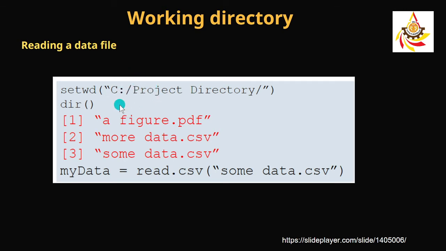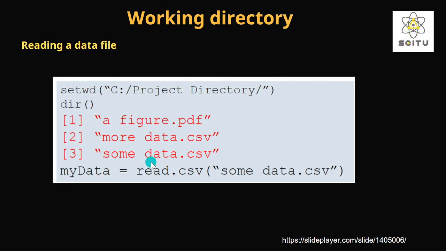This is a backslash. After that, you can list the files in this directory by using the dir command. Enter, and you will get the files inside the directory, the same as the dir command.